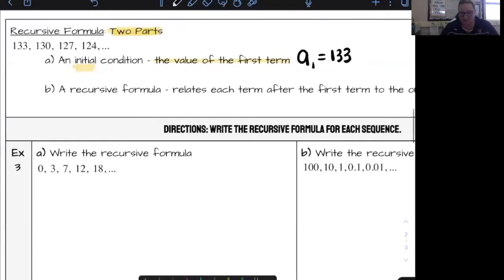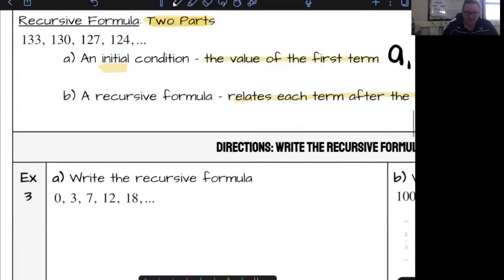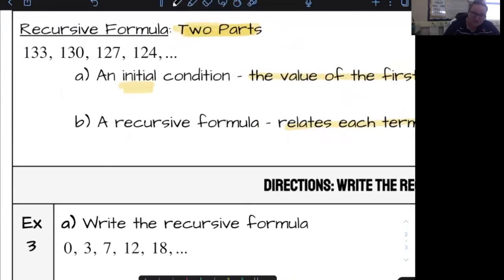Then for a recursive formula, you have to relate each term after the first term to the one before it. So as you can see, to get the second term, so to get from 133 to 130, you would subtract 3 from 133. To get to 127 from 130, you would subtract 3.